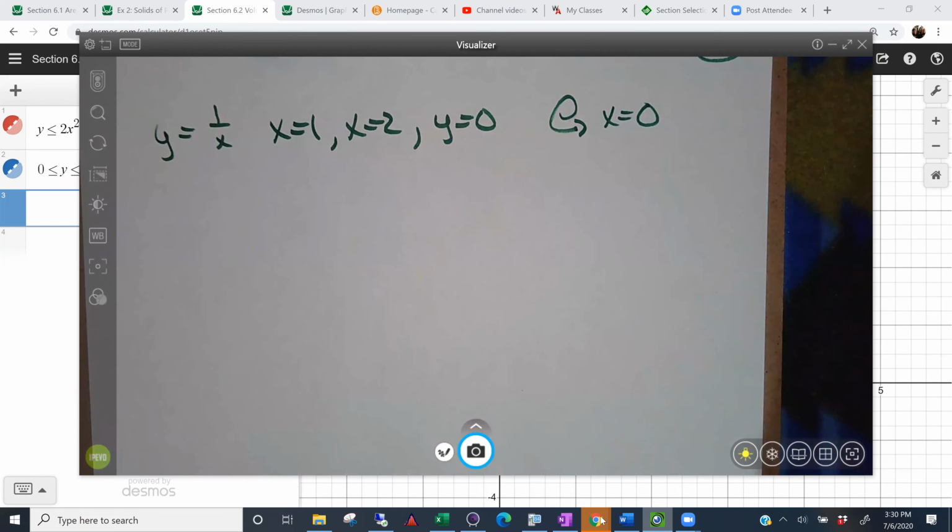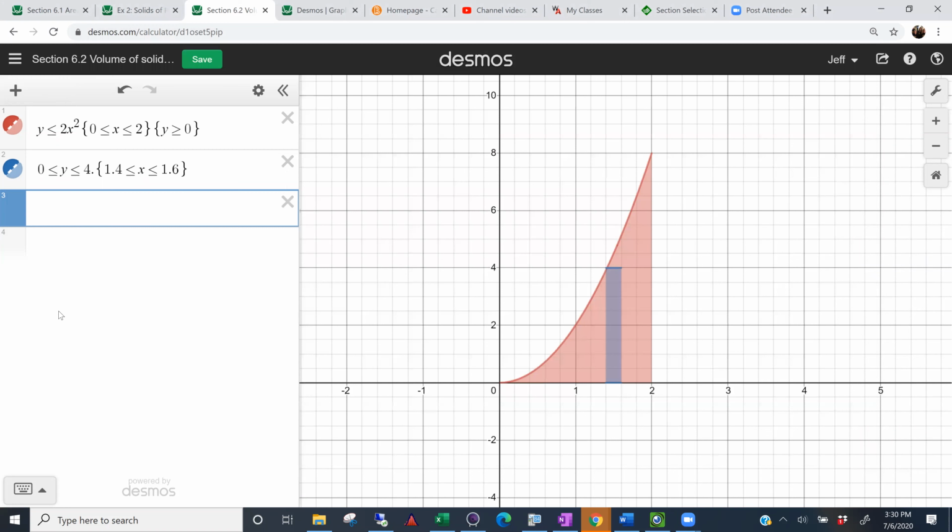So we take a look at it maybe here on Desmos. Just want to double check that I hit the record button. Yes, I did. Okay, so let's shut those off real quick and type in y equals 1 over x.